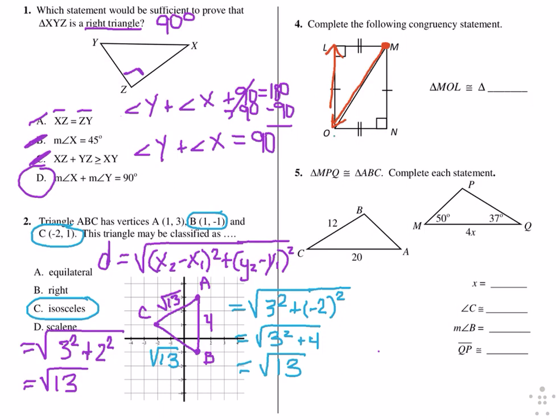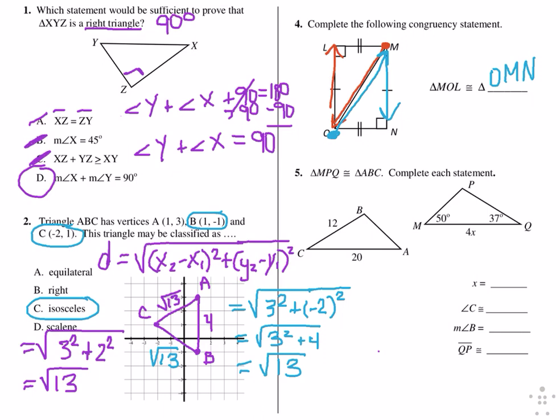So I'm going to start with O right here to M, which is the hypotenuse, and then I'm going to go down this side because that has the one tick mark. So then the correct way to write the congruent triangle would be O, M, N. So that would complete the congruency statement.